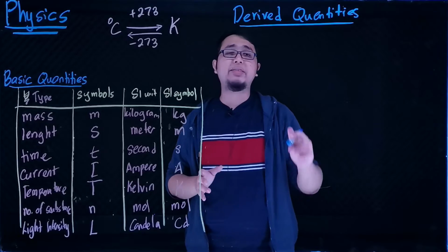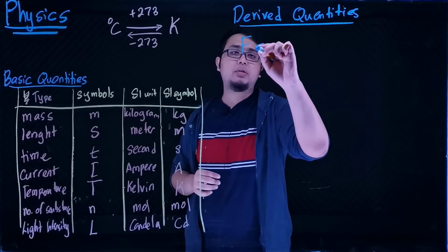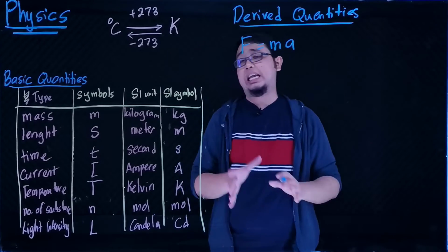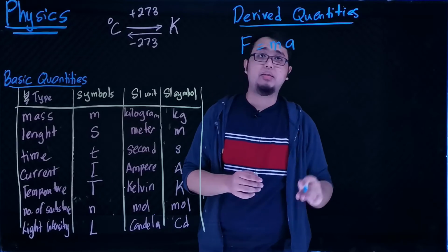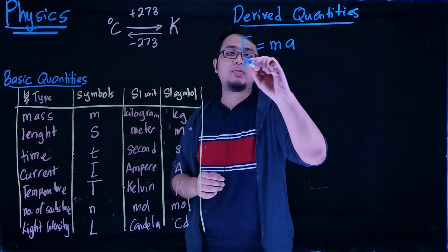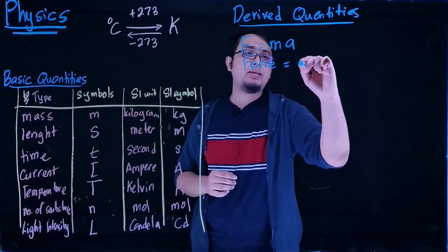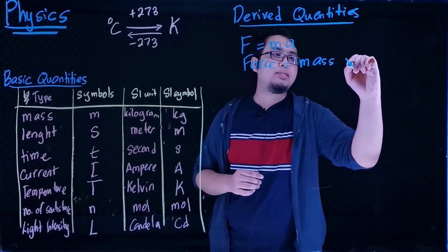I'm going to start with the most basic one: F equals ma. You've already learned this during your Form 3 science studies, where force is a product of mass and acceleration.